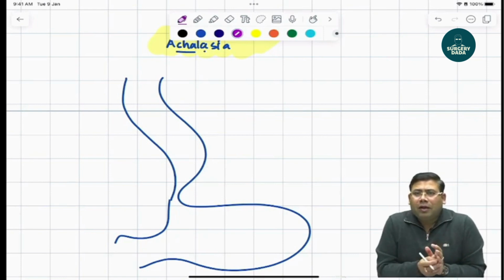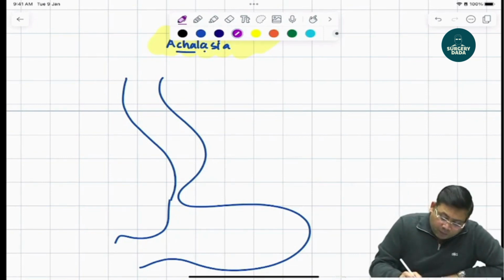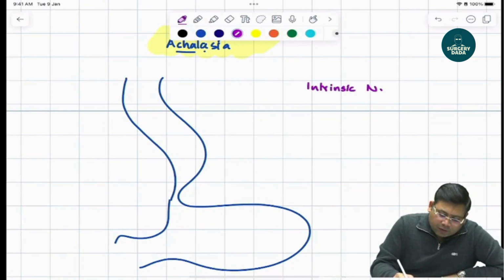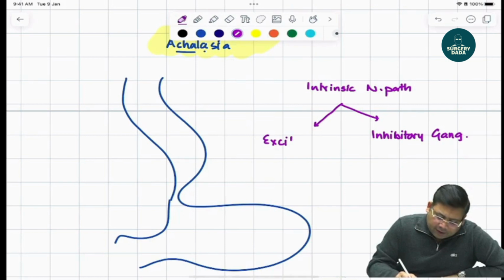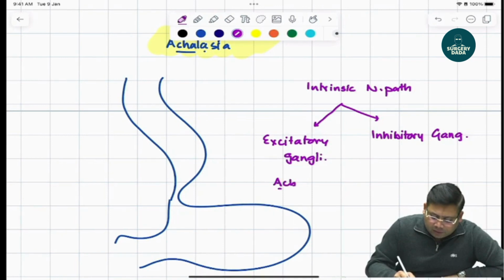When we talk about the intrinsic neural pathway, we have two types: excitatory ganglions and inhibitory ganglions. The excitatory ganglions secrete acetylcholine, and the inhibitory ganglions secrete NOS, nitric oxide synthase.